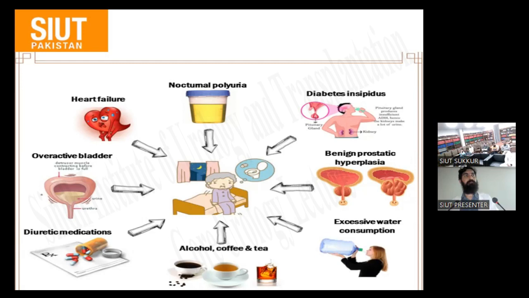In storage symptoms there are frequency, nocturia, incontinence, as well as obstructive symptoms. And after this proper history, we can differentially diagnose that this patient is leading towards an obstructive pathology, or any other.